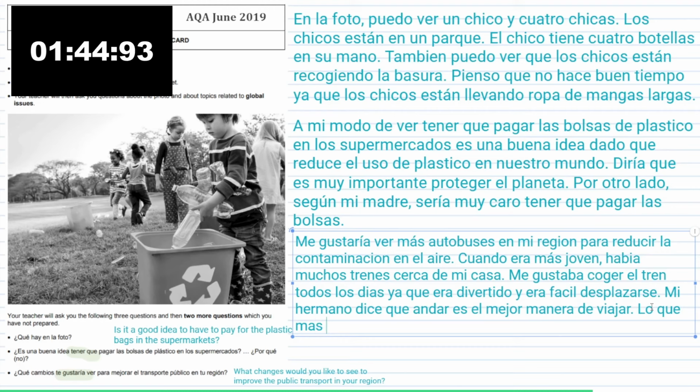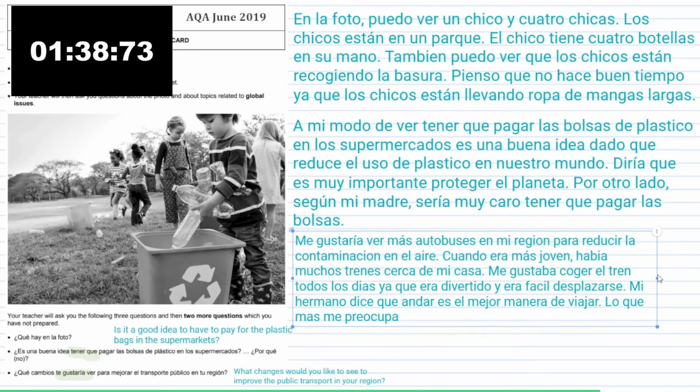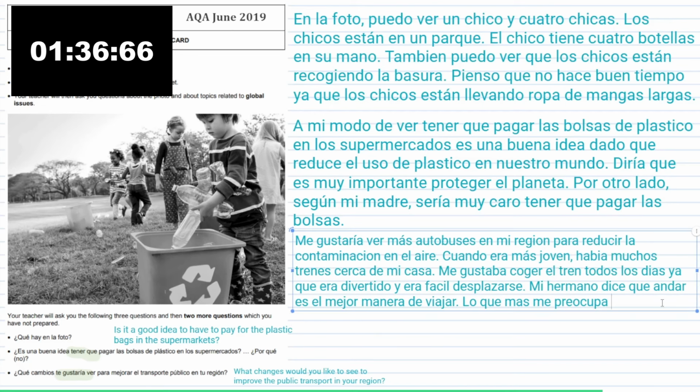Lo que más me preocupa, what worries me the most, something negative. Lo que más me preocupa es que mucha gente, so we're using mucha because la gente is a feminine noun. So it's not mucho gente, it's just mucha gente.